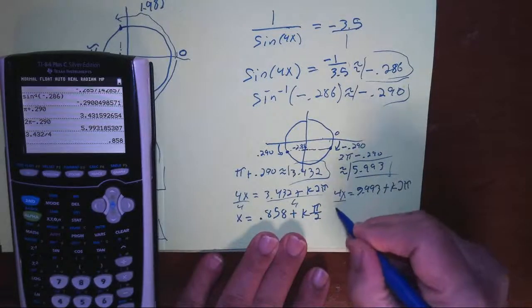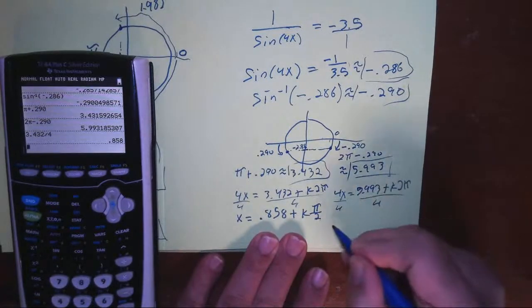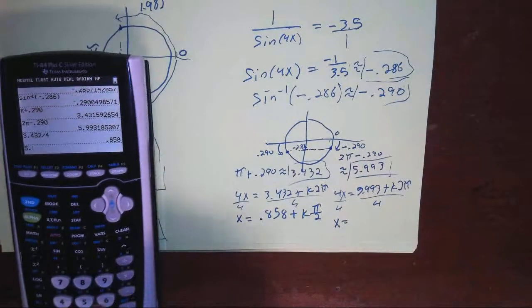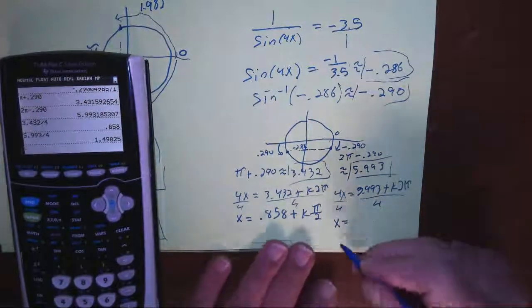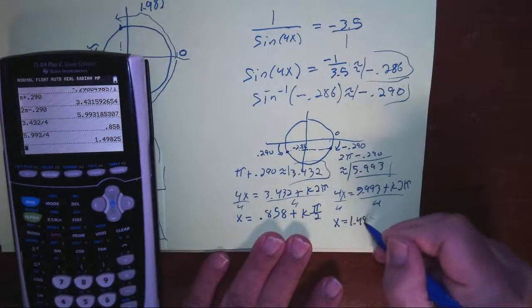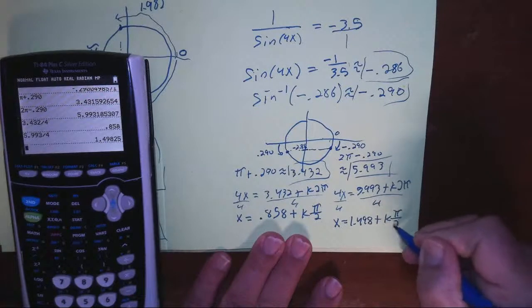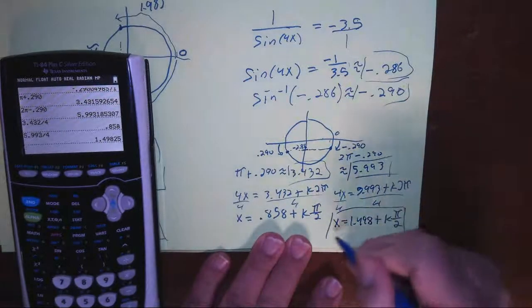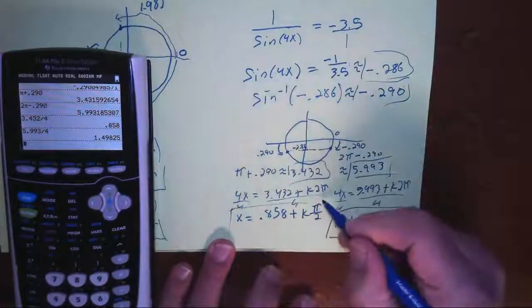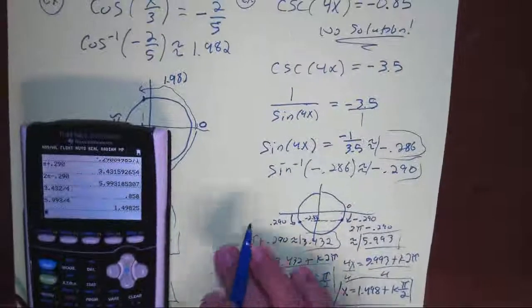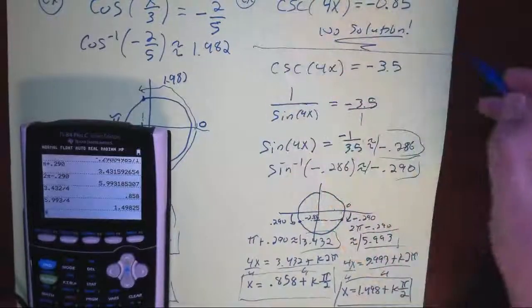So now I divide both sides by 4, and I'm going to get x equal to 5.993 divided by 4, which is 1.498, plus k times pi over 2. So these are the two solution sets to the original equation, which was the cosecant here.